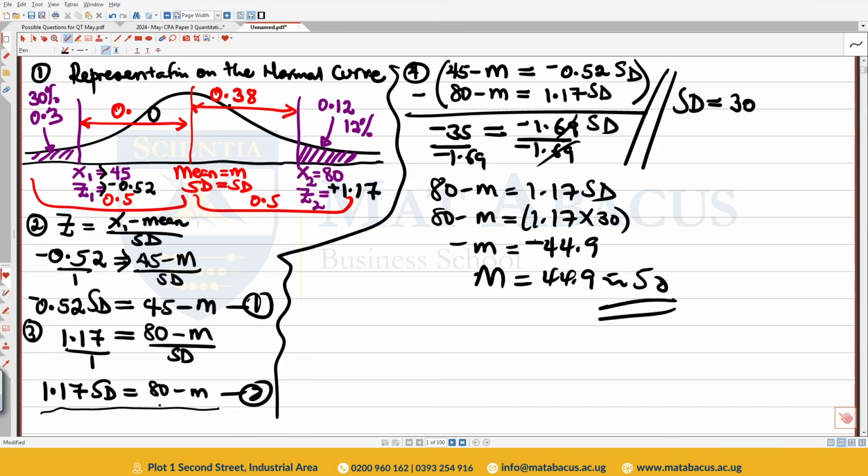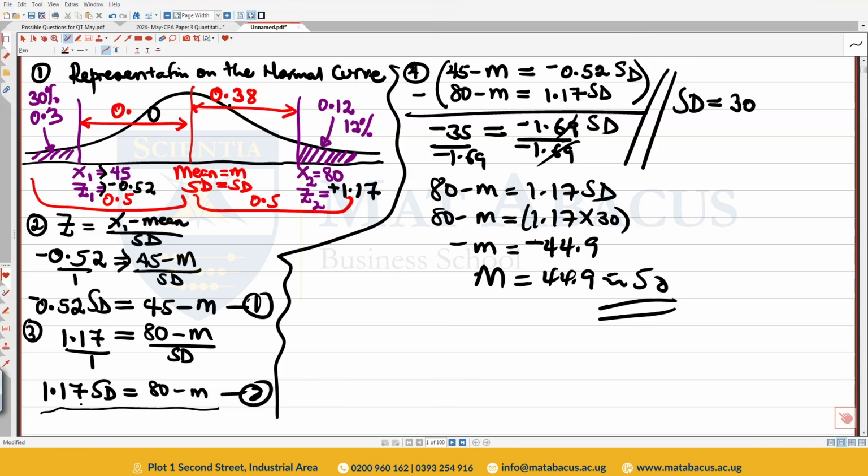Now, you can either solve it that way or you can bring the unknowns together for easy solving. So that's why I said here, 45 minus M is equal to negative 0.52 SD, and then 80 minus M is equal to 1.17 SD.